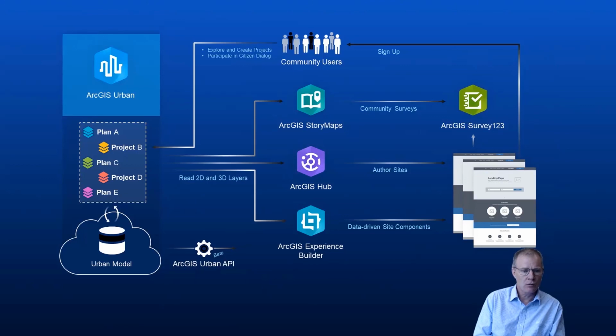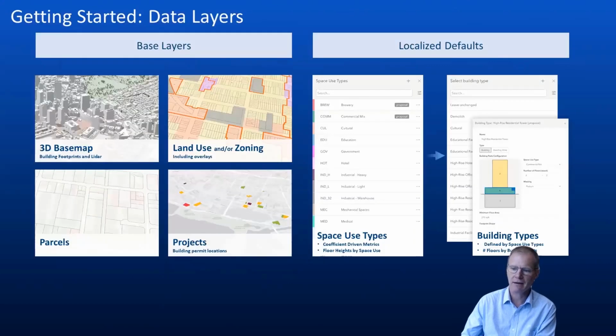We've also recently released a beta of the Urban API. This allows connections across existing systems, such as permitting systems, to pull that information in and publish information back. All this provides us with a powerful set of tools to get there.